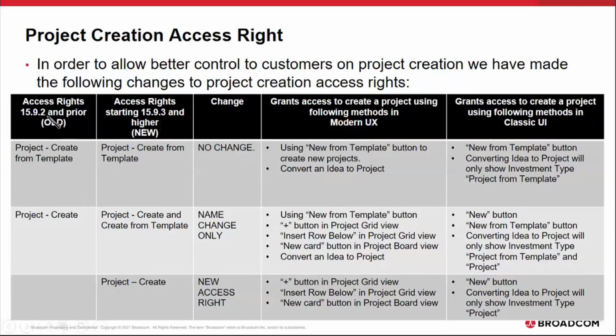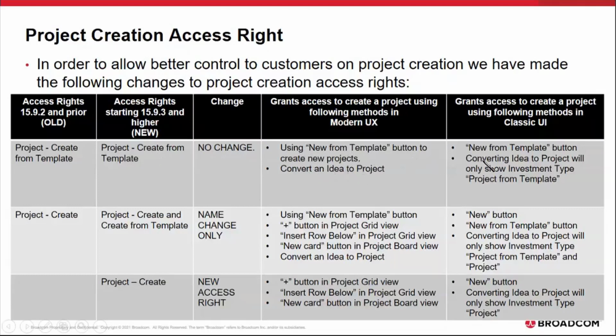In 15.9.2 and older, the project create from template was an access right that was available. The same access right with the same name is also available in 15.9.3, so there's really no change. That specific access right allows the users in Modern UX to use the New from Template button and convert an idea to project.